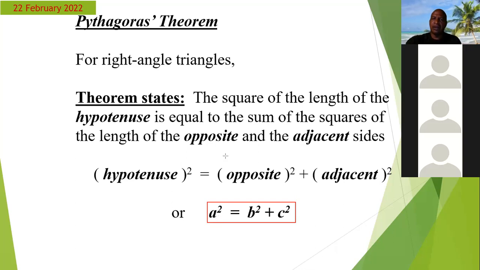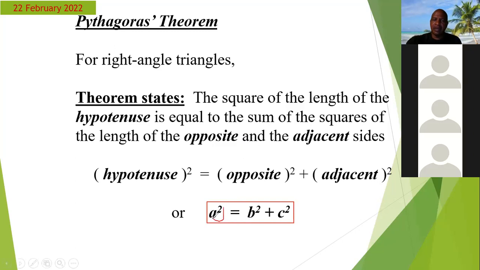So if you're referring to Pythagoras' theorem and you're not using the longest side to start the formula, that means you're doing something wrong. So that is one of the key things that you are to remember, that the hypotenuse must be the side that starts the formula.